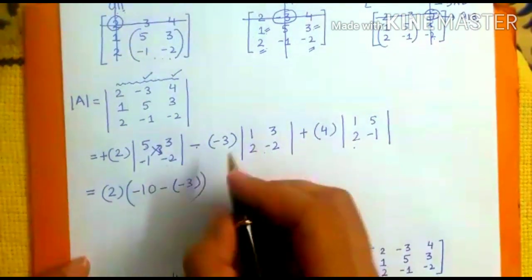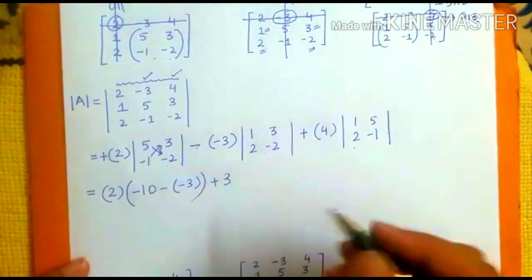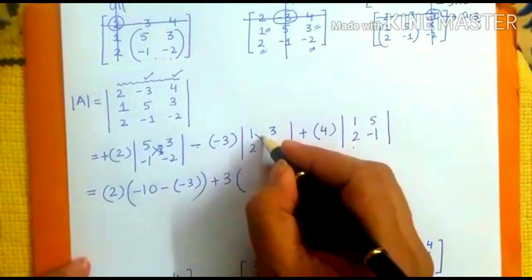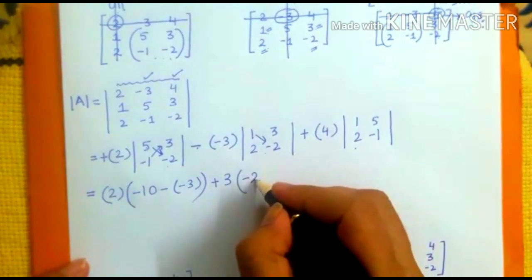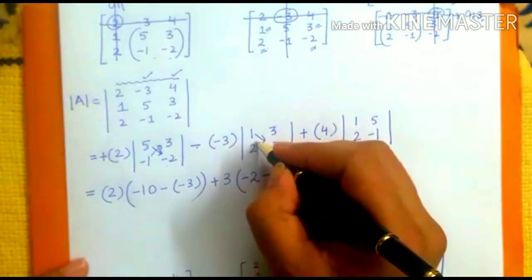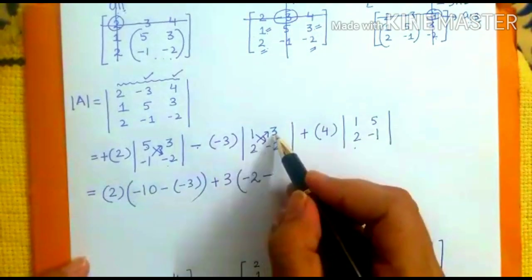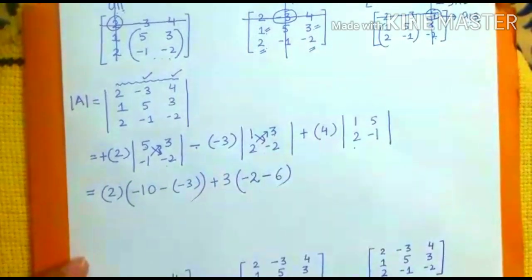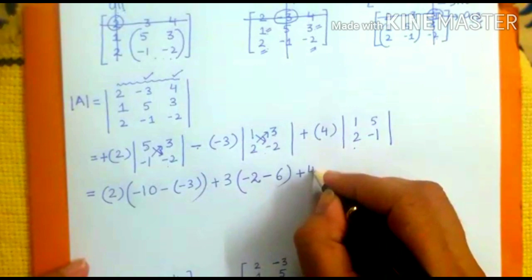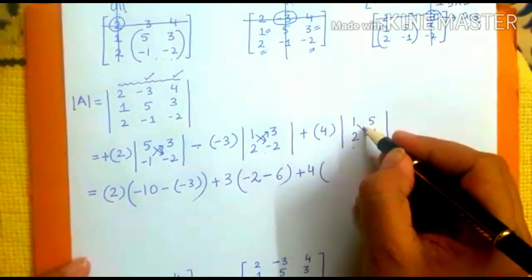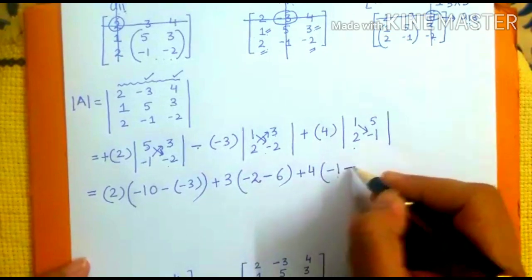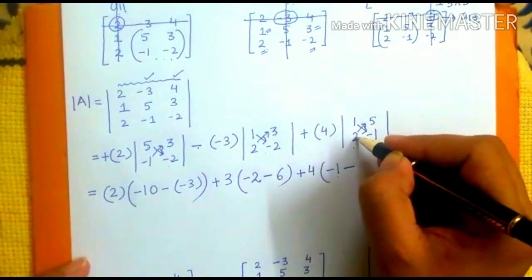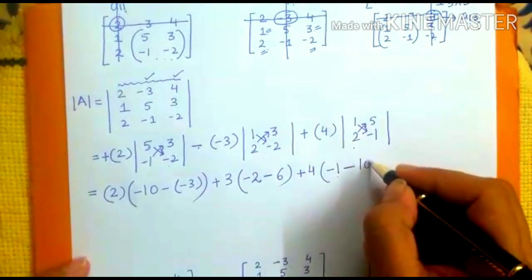Negative of 3 will give you plus 3, and this determinant 1 into minus 2 will give you minus 2. From this, subtract the product of these two, 2 into 3, that is 6. Here it is plus 4. Product of these two, which is minus 1. From this, subtract the product of 2 and 5, which is 10.